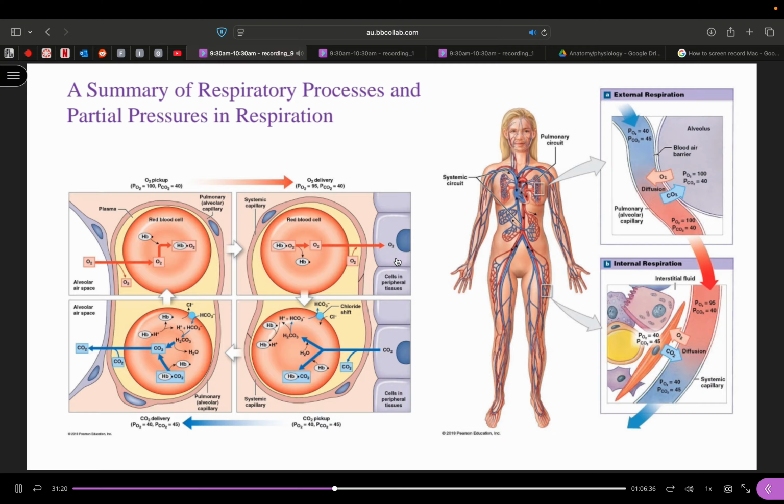Okay, this is the really cool stuff here, right? So here we go. Here's the alveolar space. Here's your red blood cell. Oxygen goes in, binds to hemoglobin, moves over here, gives oxygen to the tissue, collects carbon dioxide from the tissue. Carbon dioxide is then converted into carbonic acid.